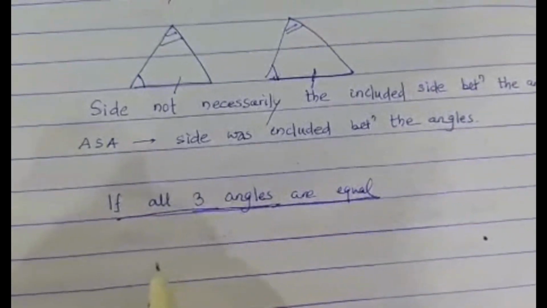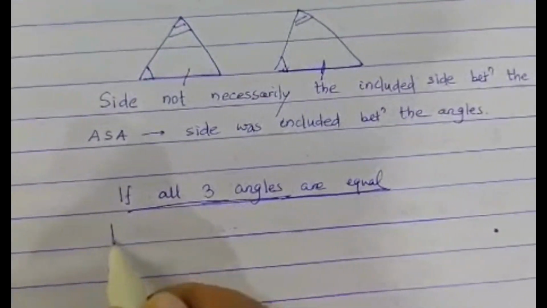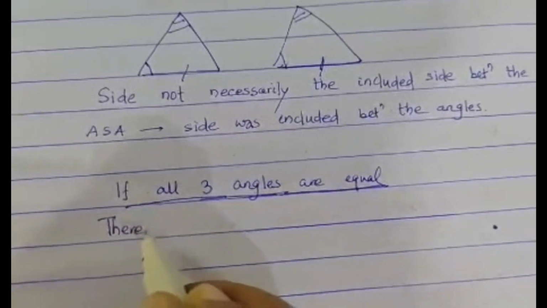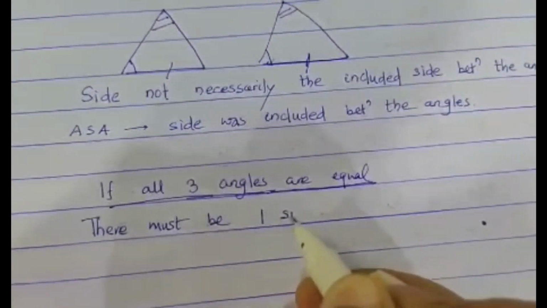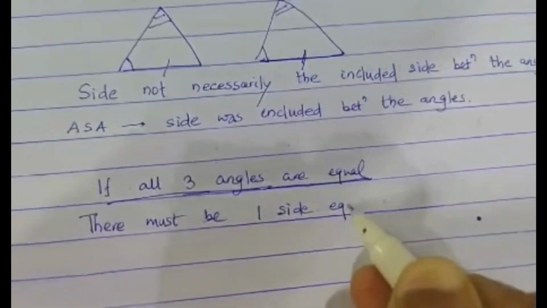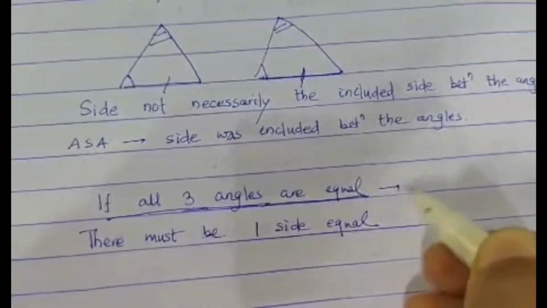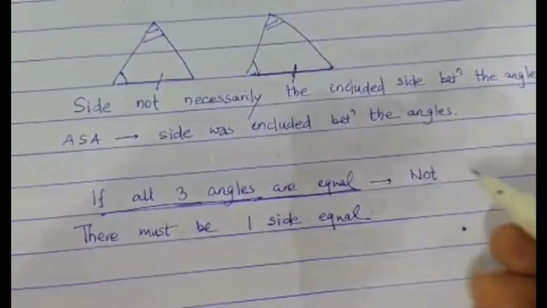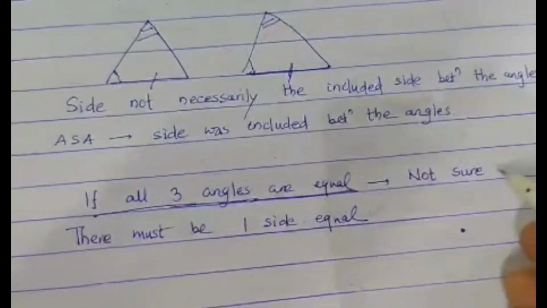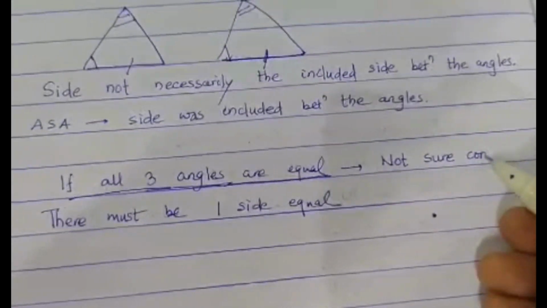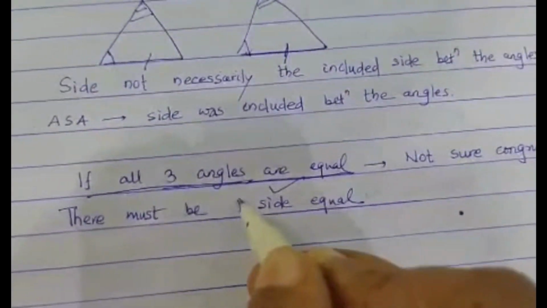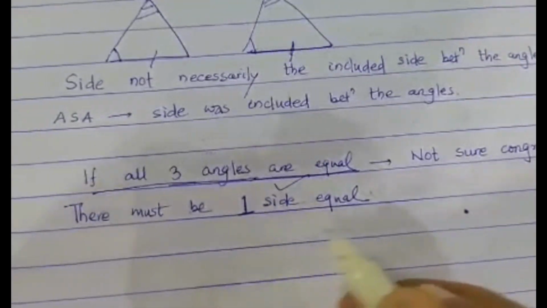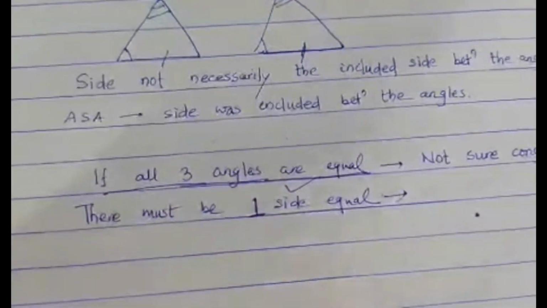There must be one side equal, any side equal. So it is not sure that the triangles will be congruent if three angles are equal. There must be one side equal, then and only then can the triangles be congruent.